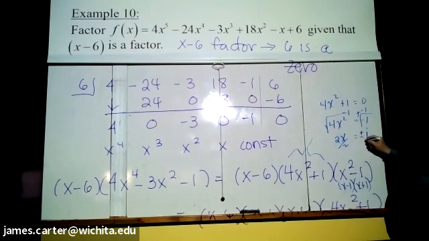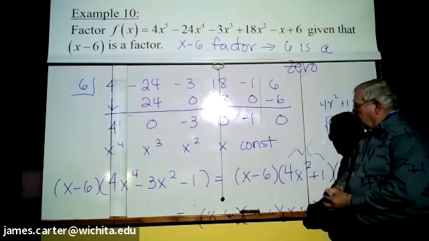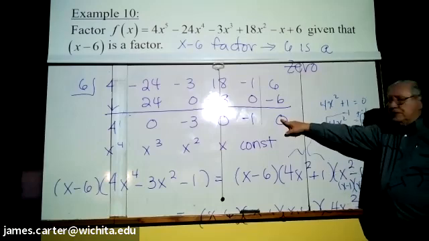Divide both sides by 2, and x is going to be plus 1/2 i and minus 1/2 i. So in this case, it would be very difficult to do that. But if we tried positive 1/2 i or negative 1/2 i in this equation, we would get a 0 remainder.